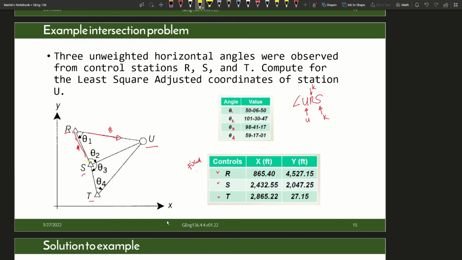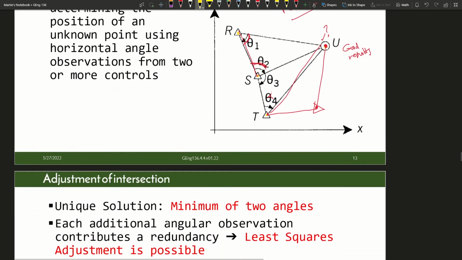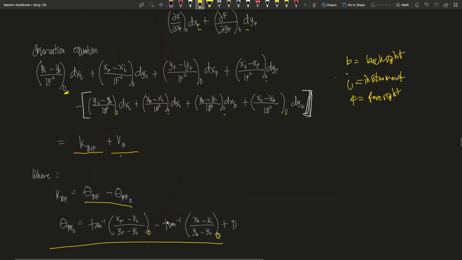Given that we have this situation and we apply this to your observation equation, this equation can be reduced, because for known stations, the correction for its coordinates is not required, or it is just equal to 0. So for station S, that is the foresight, we can make it 0.